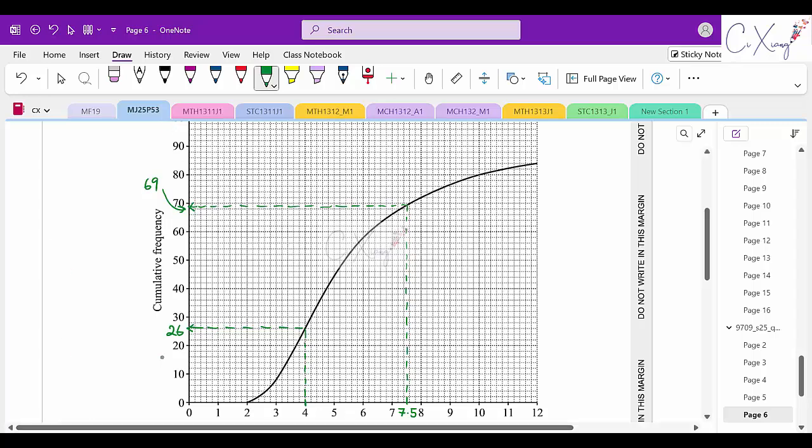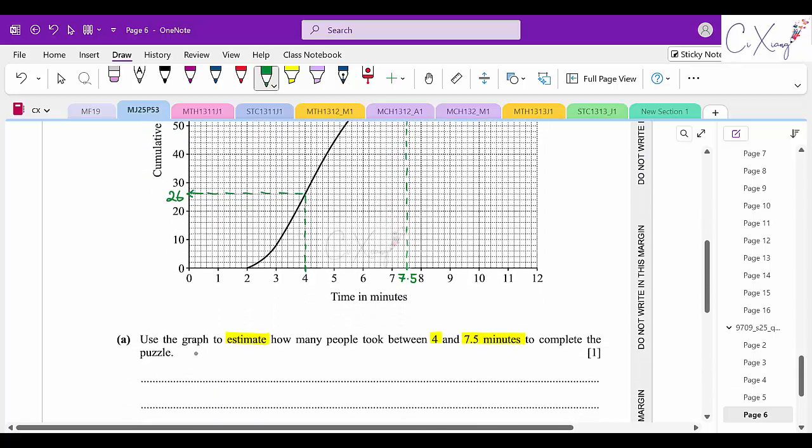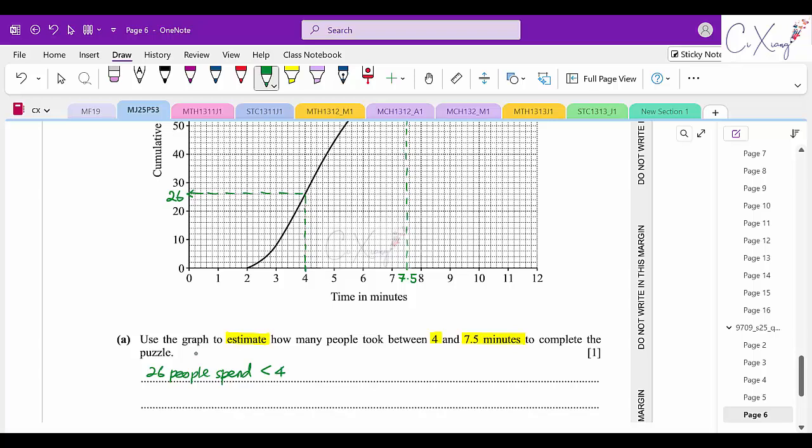So what do these two values mean? 26 and 69. 26 means that you have 26 people who spend less than 4 minutes. And 69 means we have 69 people who spend less than 7.5 minutes.